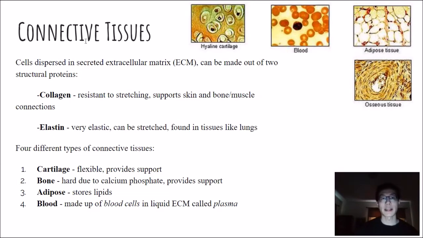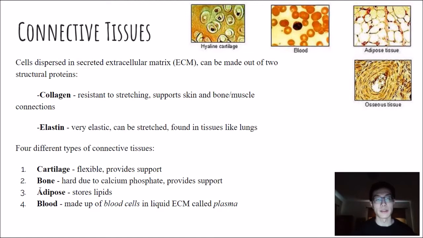Now, in terms of connective tissues, they can actually be four different types. So we have cartilage, which is flexible and provides support. That's pretty straightforward. We have bone, which is actually another type of connective tissue, and it's generally hard due to calcium phosphate, and it allows, obviously, for structural roles and support roles.